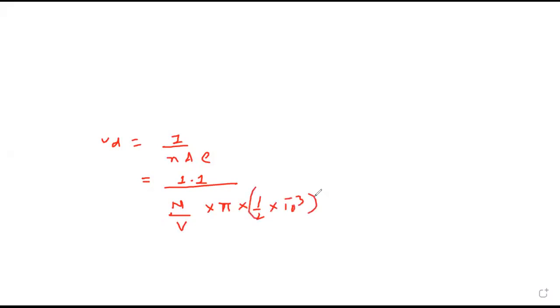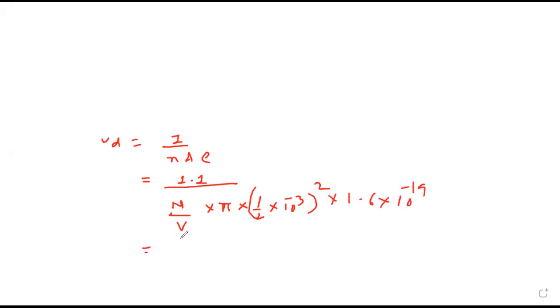If 1.1 ampere current is flowing in the wire of copper having 1 mm diameter, then the drift velocity? 1 mm diameter means area is pi into r, where r is half millimeter, 10 raised to minus 3 squared, into 1.6 into 10 raised to minus 9.